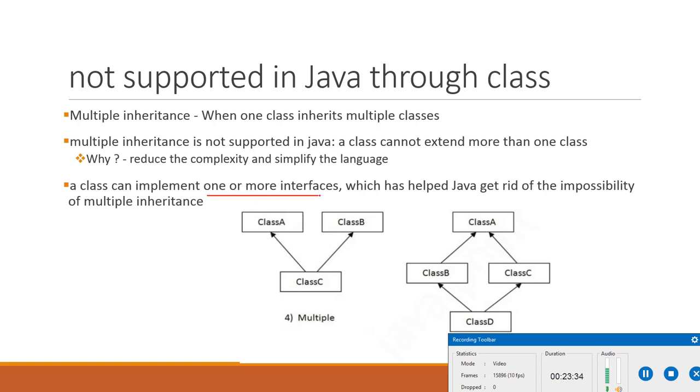However, multiple inheritance in Java is allowed through interfaces, which is also one of the important concepts in Java, which we will be learning in the coming few weeks. This has helped Java get rid of the impossibility of multiple inheritance. Multiple inheritance is not supported by Java through classes, but it can be supported through interfaces.